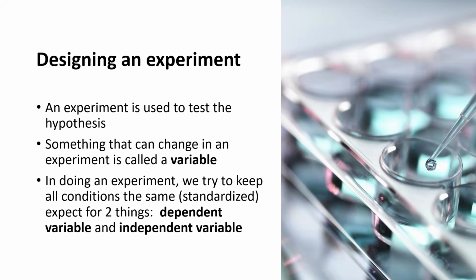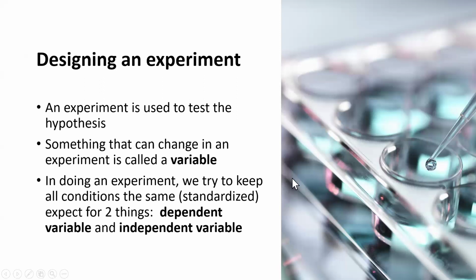The question we asked ourselves was, why is it that one plant is taller than the other? And then we came up with a tentative answer, a hypothesis. Some of you said maybe it's because of the different amount of sunlight. Some of you said maybe it was because of different kinds of soil, and so on.